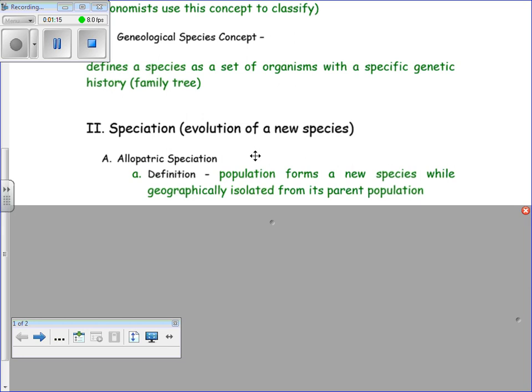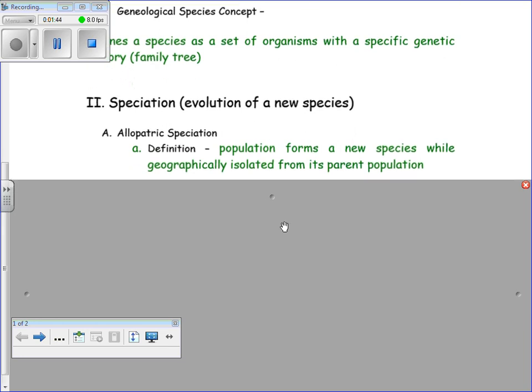It will get separated by a geographic barrier, maybe an ocean, a mountain range, a river, a stream, some kind of a geographic barrier that they can no longer get across or fly across or jump across. They can't walk to it anymore. The island biogeography activity is a great example of allopatric speciation, that they're separated so far from each other that they don't actually make it back to their parent population.